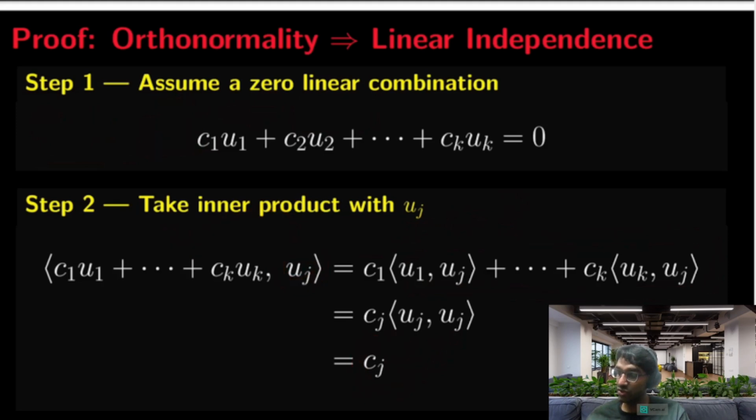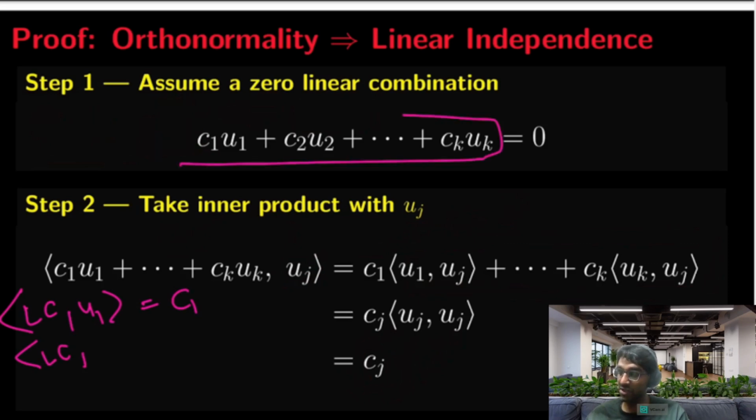And so you can see that the inner product of the linear combination with u1 is c1. Similarly, I am writing LC for the linear combination, this whole expression. So the inner product of the linear combination with u2 is c2 and so on.